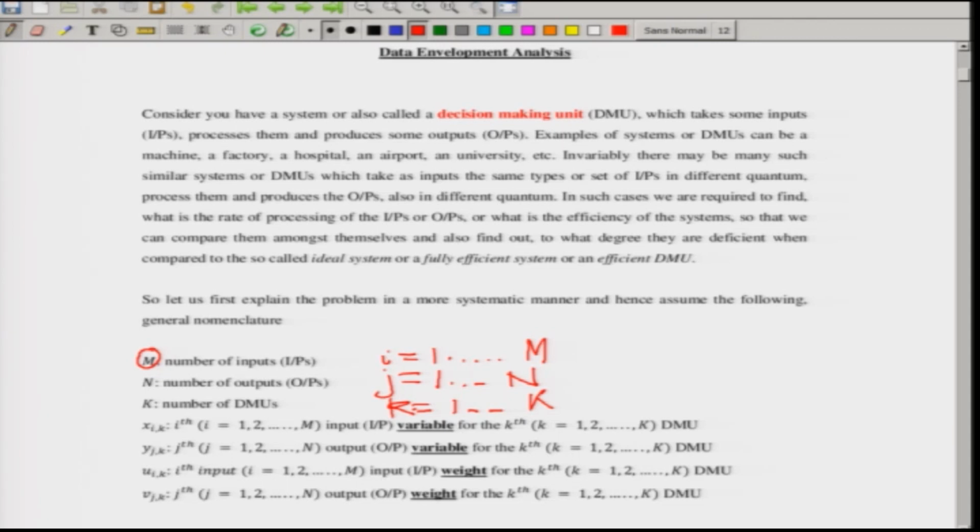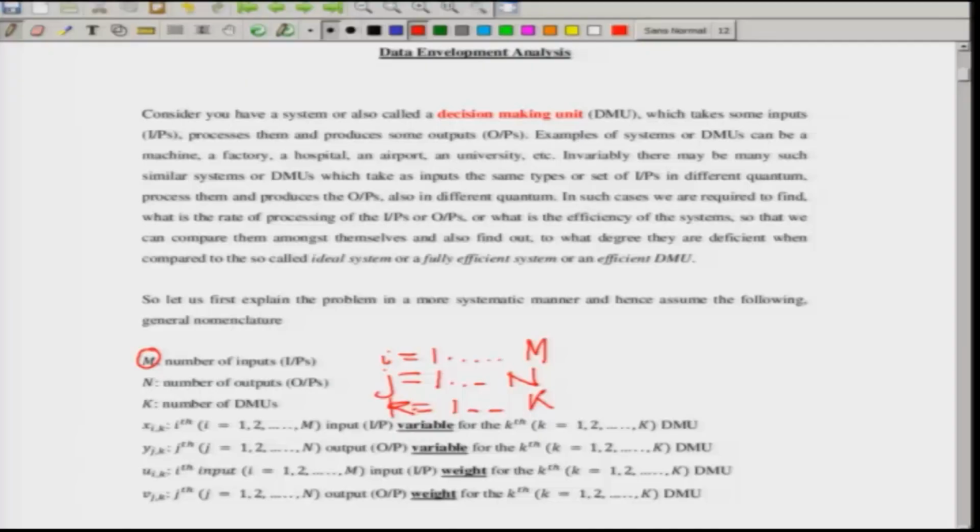Similarly, you will have yjk, which denotes the jth output corresponding to the kth DMU. Again similarly, y11, y12, y13, y14 will denote, as per this nomenclature, the first output with respect to the first, second, third, fourth, fifth DMUs and so on.